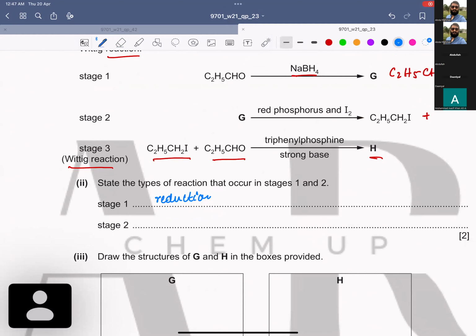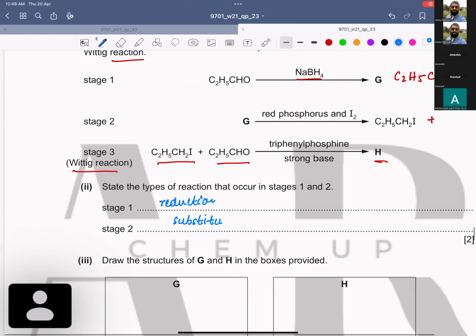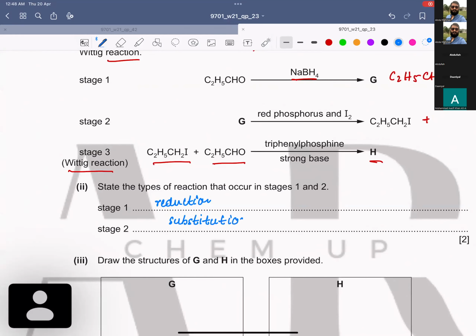It is actually substitution in stage 2. The reagents tell us that, so it's a substitution reaction. Draw the structures of G and H in the boxes provided.